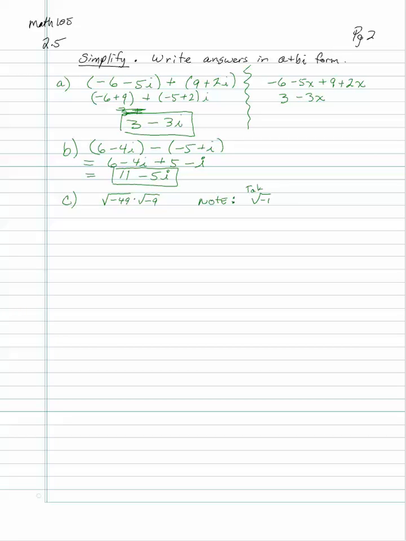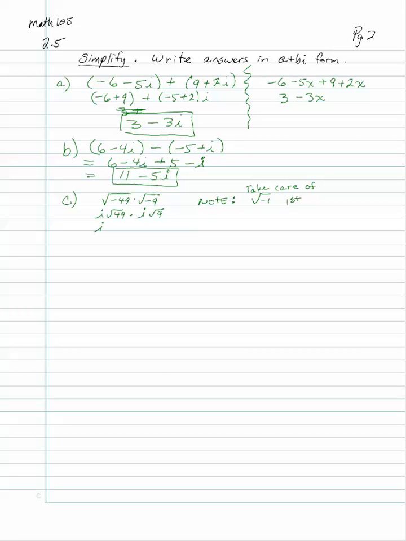Take care of that first, before you do anything. I always say take the i out. So the square root of negative 49 is i square root of 49. The square root of negative 9 is i square root of 9.